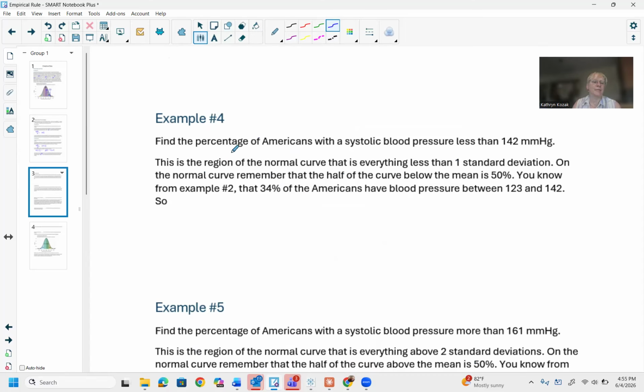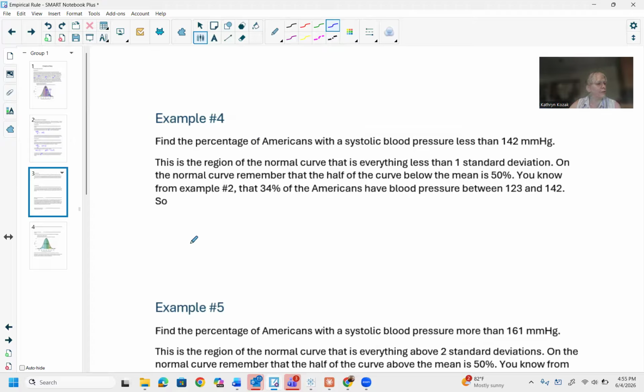In the next example, example 4, find the percentage of Americans with a systolic blood pressure less than 142 millimeters of mercury. This is the region of the normal curve that is less than 1 standard deviation above the mean. On the normal curve, remember that half the curve below the mean is 50%. You know from example number 2 that 34% have a blood pressure between 123 and 142.